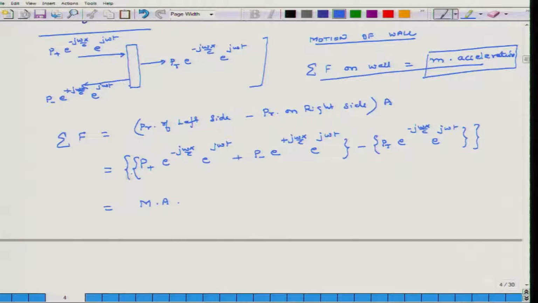There is one more bracket needed, and then I multiply it by A. So on the right side it is mass times acceleration, where mass is m times A, where A is the area of the wall, times d UB over dt, and this has to be evaluated at x equal to 0, and the left side also has to be evaluated at x equal to 0.